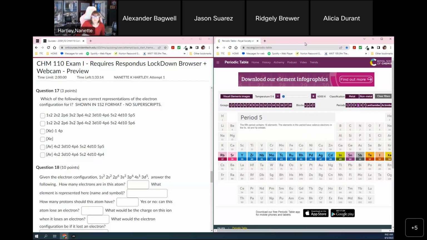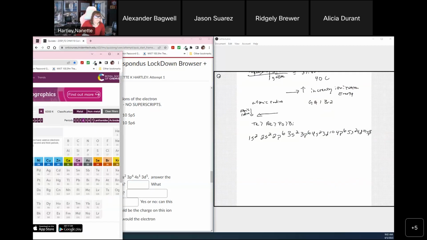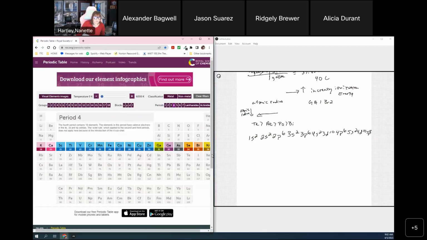Okay, so that's my total electron configuration that I would write if I was writing out the whole thing. Now, do I write out the whole thing? That depends. There are some other ways I could do this. The nearest noble gas is Kr, the noble gas before it.